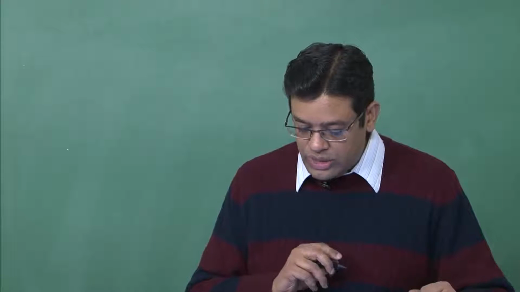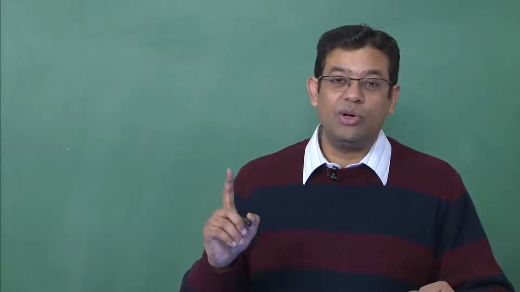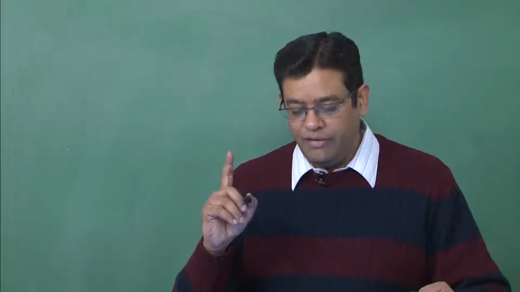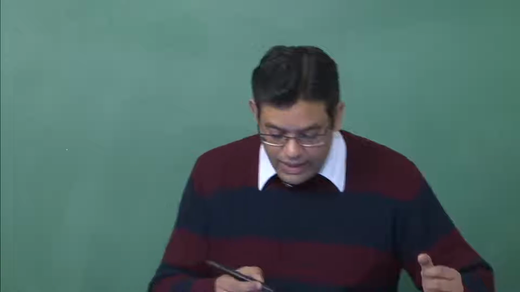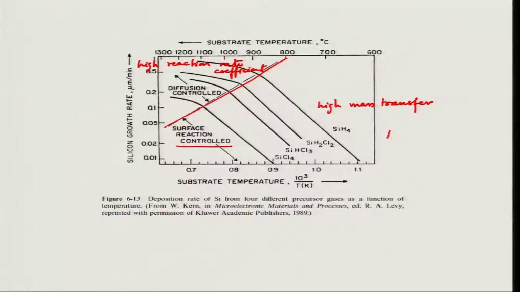However, if you are not able to control the temperature very effectively, if your temperature is varying at different places, then this reaction rate is dependent on temperature as exp(-Es/kT). So, the reaction rate is an Arrhenius type expression.